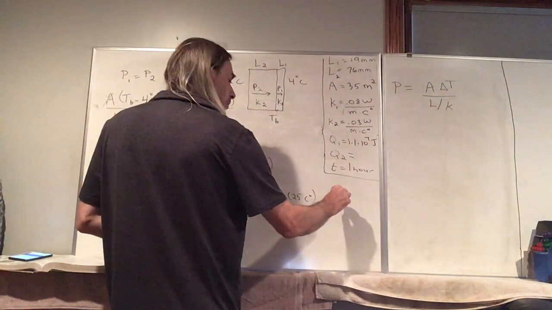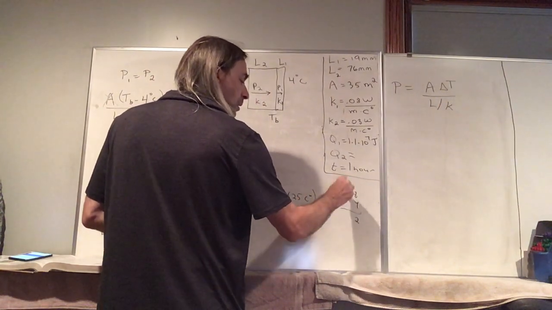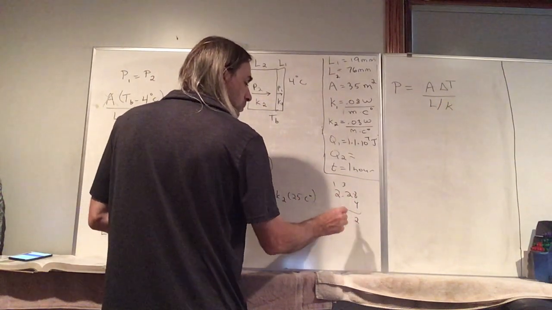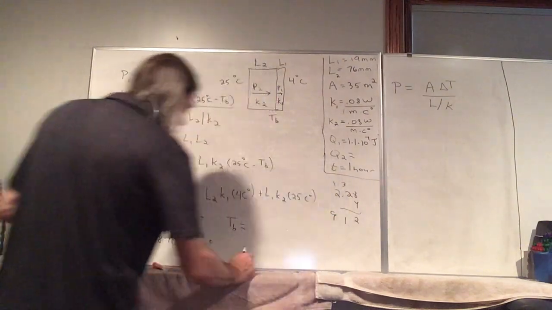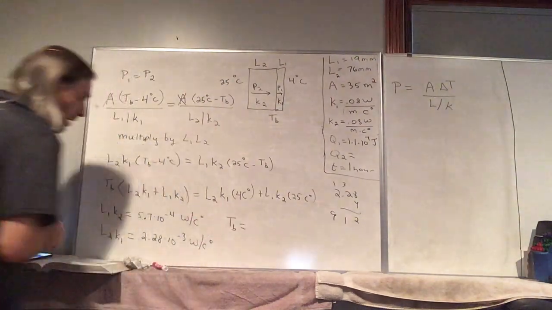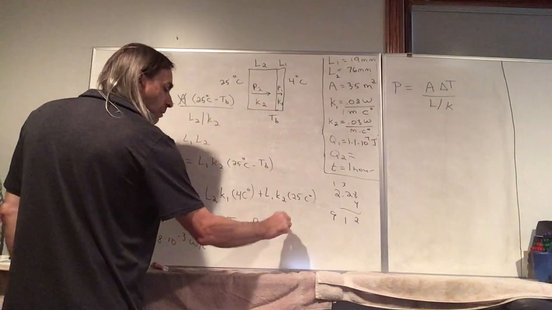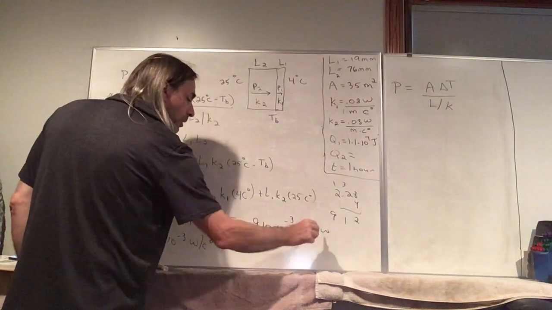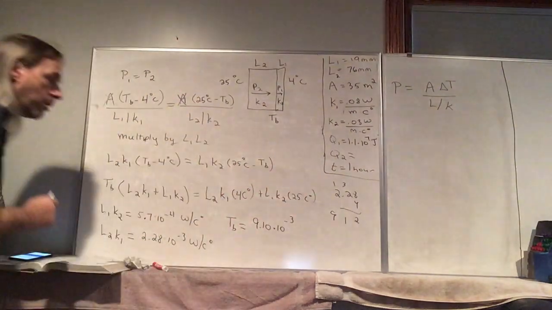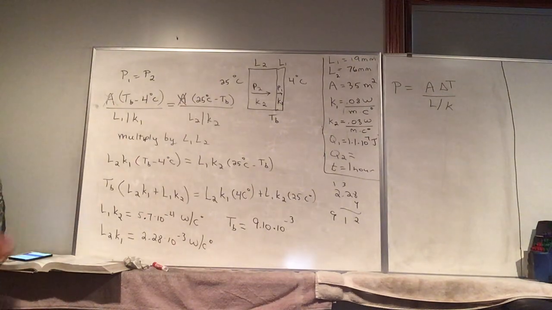So 2.28 times 4 is 9.12, times 10 to the minus 3. We're going to get watts over here after the second term, so I'll just write down the number. And then we're adding this, L1K2, that's 5.7. We'll worry about the 10 to the negative 4 later.